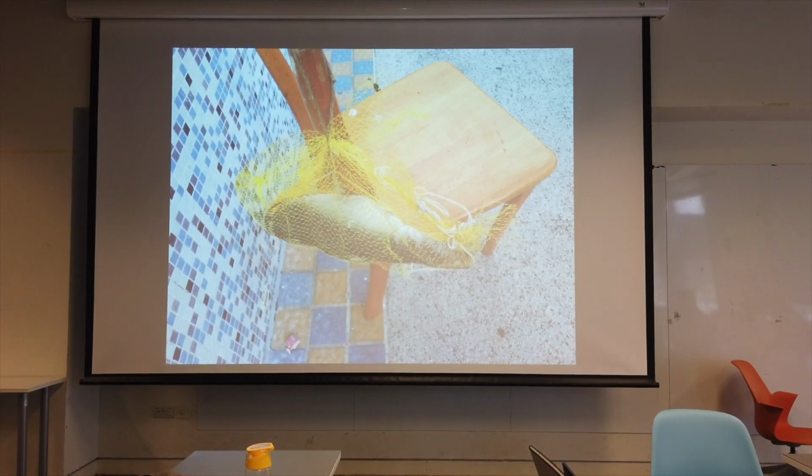I think it's a very interesting method: they use the net, and the net just grabs the fish and then they put it outside, and the sun and wind dehydrate the water. I think it's a clever way. You never thought about how to do it, right? Until you see it.